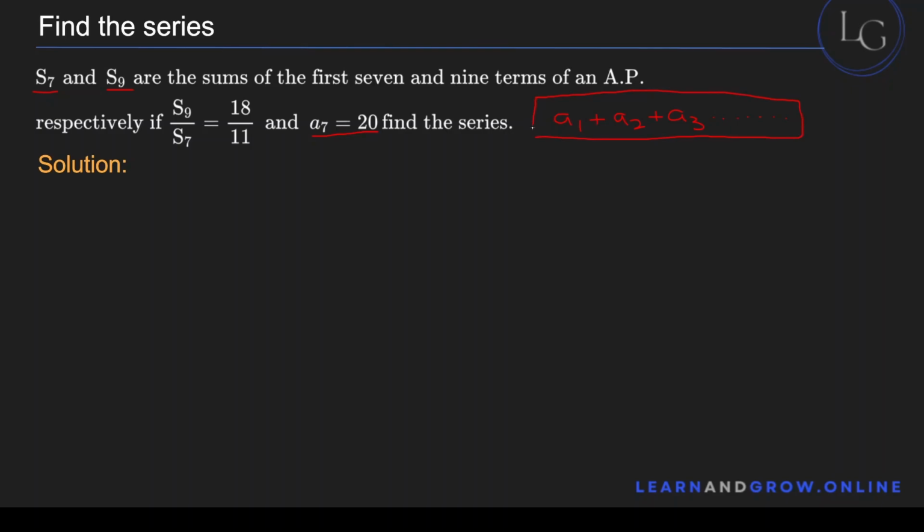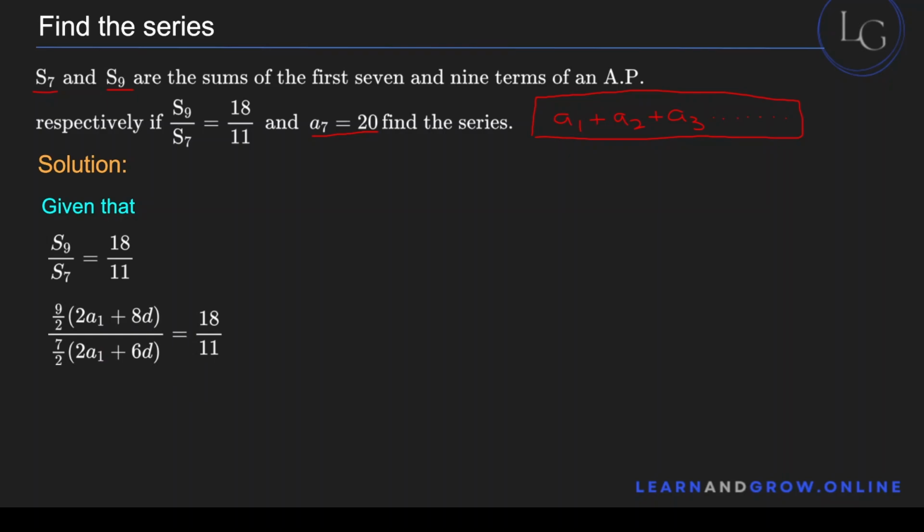So we'll find the first 3 terms of the series and write them down like this, with the dots in front of it. Well, you've been given this, and you remember the formula that Sn is equal to n by 2 into 2a1 plus n minus 1 into d.